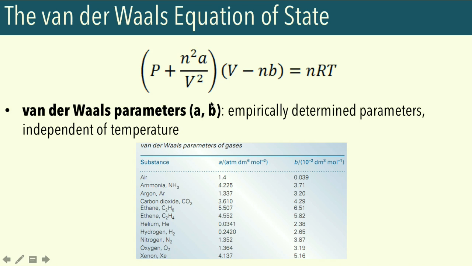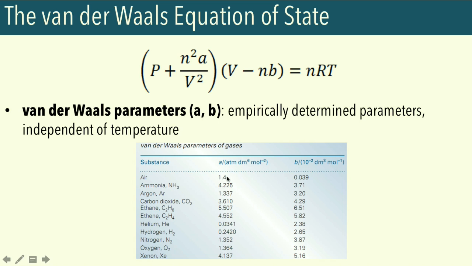Our van der Waals parameters A and B are empirically determined parameters, and they're also independent of temperature, in contrast to our virial coefficients. Here's a nice table giving us the different values of A and B. Note again that A is dependent on the strength of our intermolecular forces of attraction.